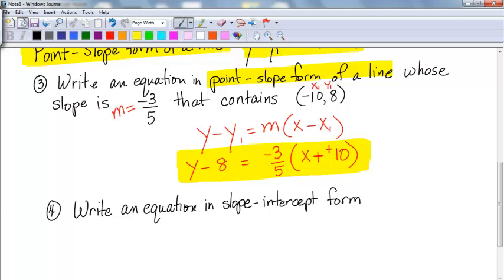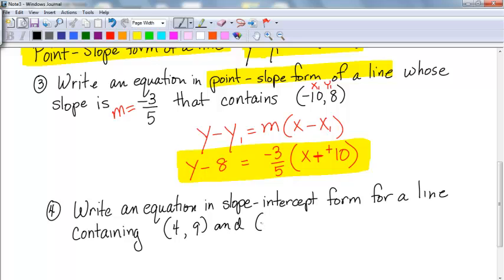So when they're asking you for this form, they're asking you to get y by itself. Write an equation in slope-intercept form for a line containing 4, 9 and negative 2, 0.